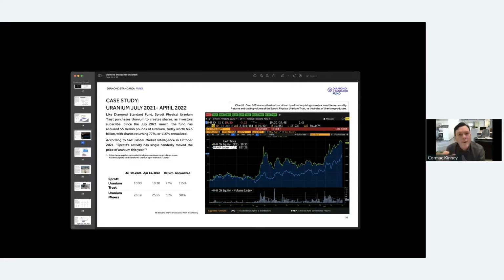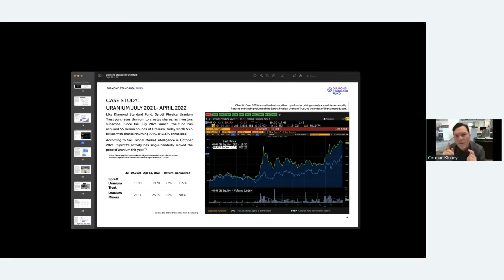A lot of you might be familiar with uranium. Last year, a company called Sprott really brought to market a significant new uranium fund, an ETF traded in Canada. This ETF first was about $1 billion, sold out instantly, and then they raised their cap to $3.5 billion.